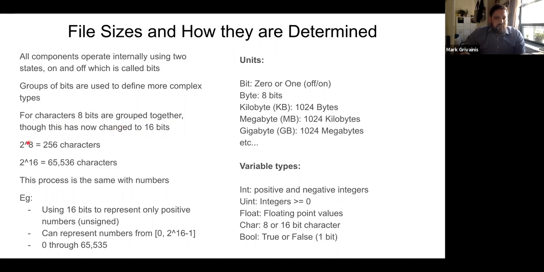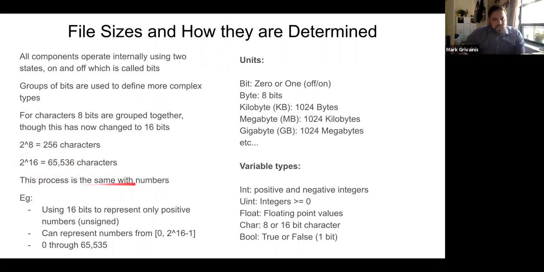So if we have got 8 bits, each representing 0 or 1, it means that there are 256 possible different numbers that can come out. So we can have 256 characters represented by those numbers. On the other hand, if we use 16 different bits to represent our characters, we can have 65,536 different characters represented using these numbers.